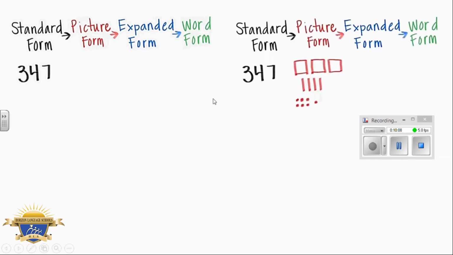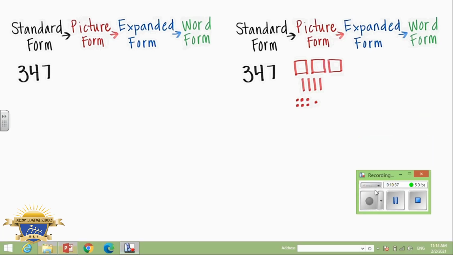So we will have 7 small squares, 1, 2, 3, 4, 5, 6, 7, for the 7 ones, and 4 strips because we have 4 tens, and 3 blocks or 3 big squares for the 3 hundreds.